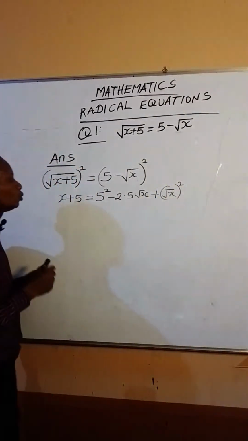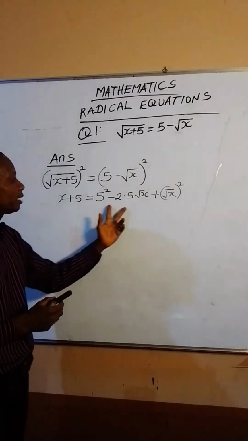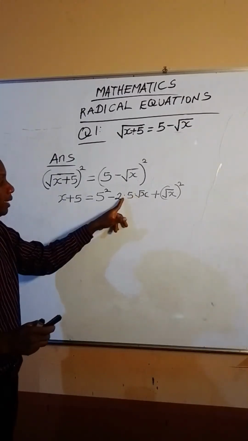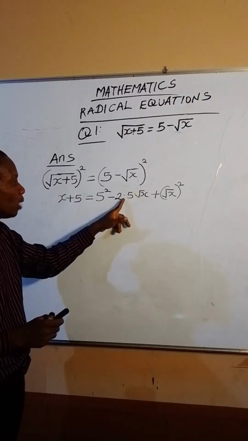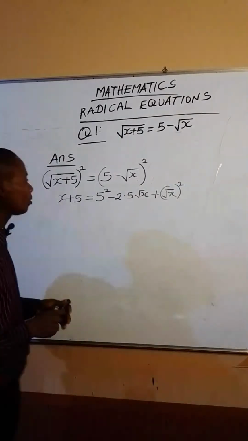This is the binomial theorem. This dot here does not mean decimal. It means multiplication. So we are multiplying 2 by 5 and by root x.